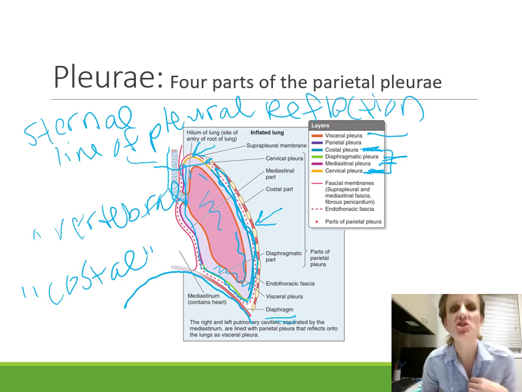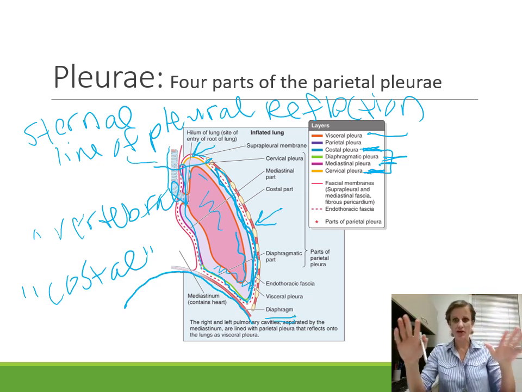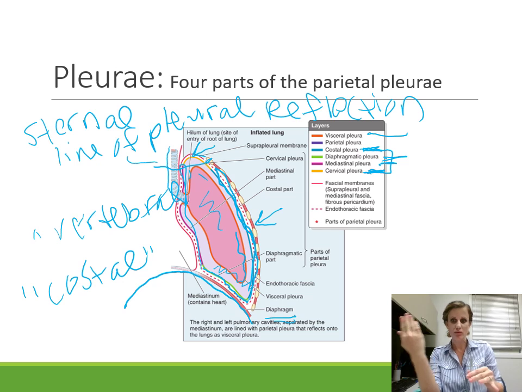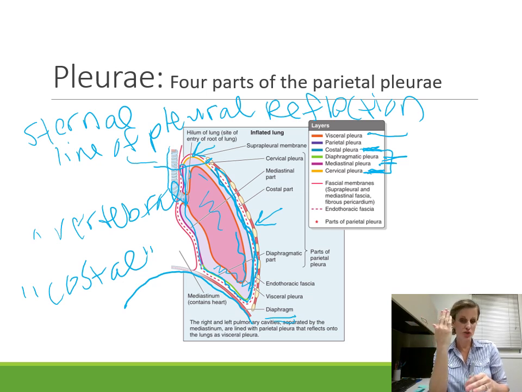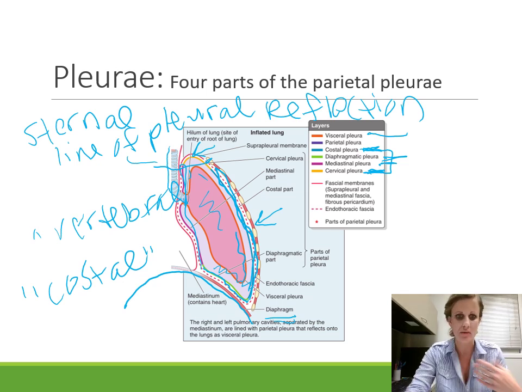And these reflection lines just refer to the areas where one region of the parietal pleura turns sharply to become another region of the parietal pleura. And the names kind of tell you specifically where they are, but let's talk about them.